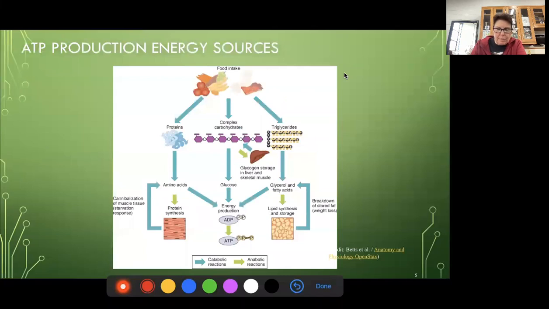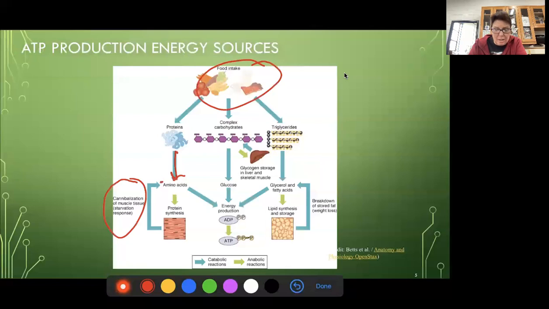So as I mentioned, we take our foods in, we can use our proteins, and as we break those down into their monomers, amino acids, right? That would be catabolism, and we can then use that to do work. We do not want to do cannibalism, which means we're breaking down our own proteins because we're not getting enough calories.